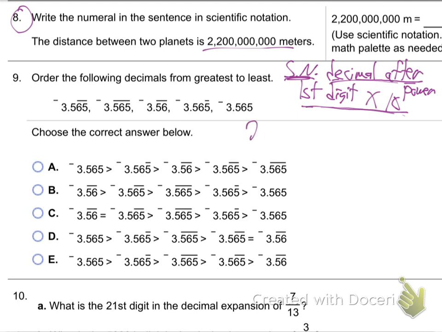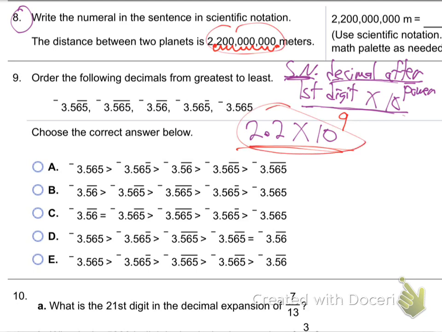So I've got to write 2.2 times, right? I got to put the decimal after the first digit. Now that's not really where it goes. Really the decimal's all the way back here at the end. So if you put it after the first digit, you got to tell it to go to the right 1, 2, 3, 4, 5, 6, 7, 8, 9 places, 10 to the 9th. This number and that number are the same number, just written in different formats.